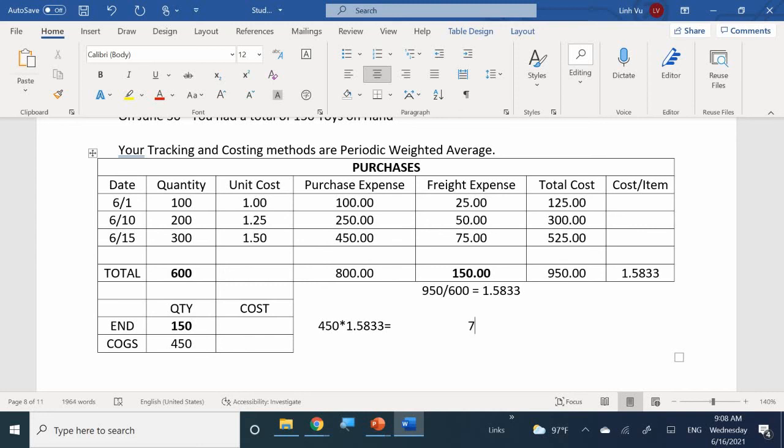$712.49. Okay, keep going. I think there's more than that.